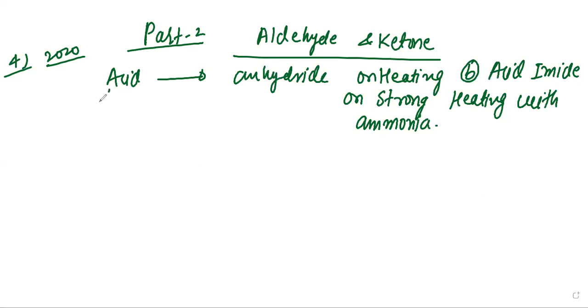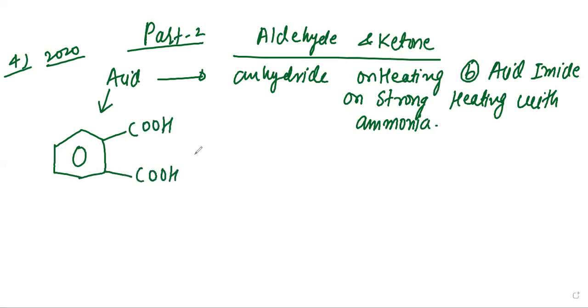So we have to find the acid, right? So this will be the phthalic acid, benzene with two carboxylic acid functional groups. When it reacts with ammonia, as we know, ammonia has one lone pair. So this will be plus, this will be minus.